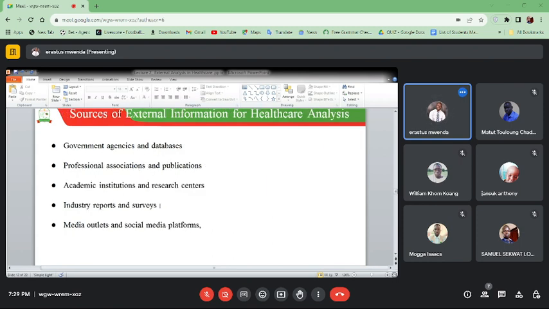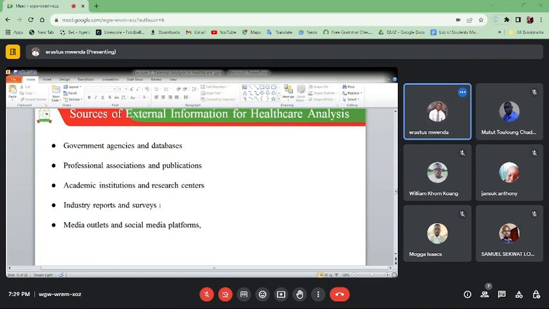Now, remember, our discussion is around the external environment when we are doing healthcare analysis. So for us to get an understanding of the external environment, we need information.